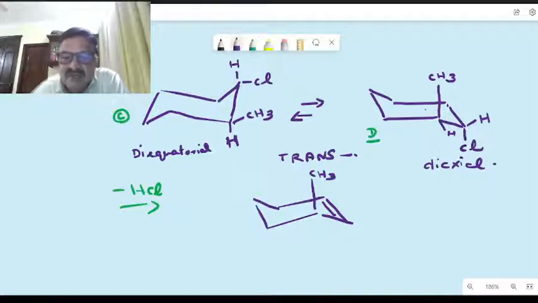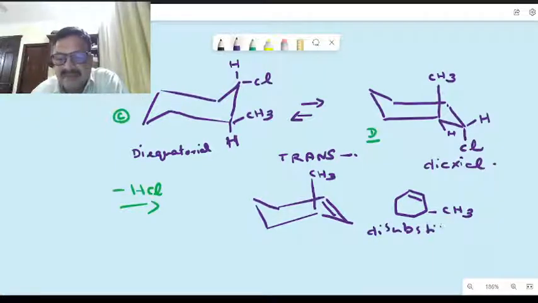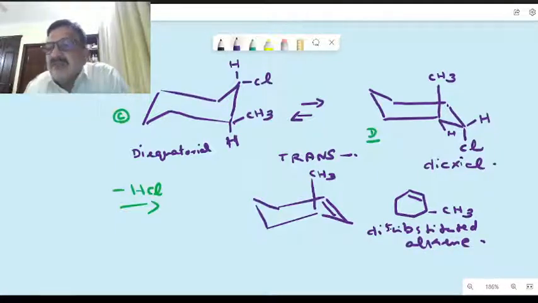Okay, so this is the alkene being formed here. So this will be the planar structure, how it will look. We can say here CH3. So this is the disubstituted alkene. This is the only product being formed. Only one product is being formed here.